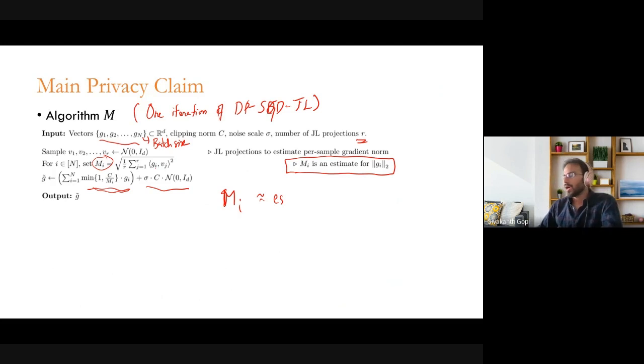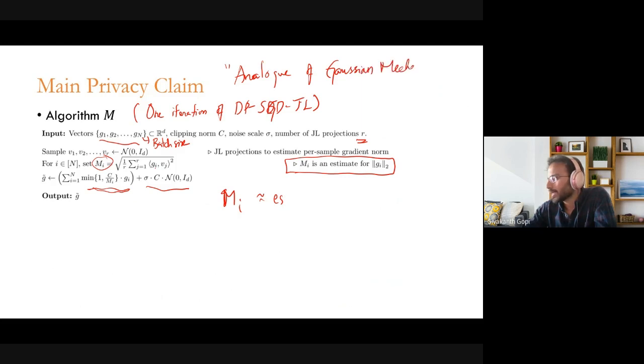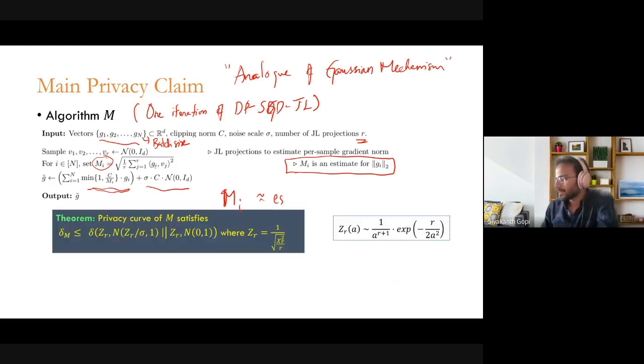So how private is this algorithm? This is the analog of the Gaussian mechanism, but because the sensitivity is not bounded, we can't just use the Gaussian mechanism privacy analysis. So how private is this?